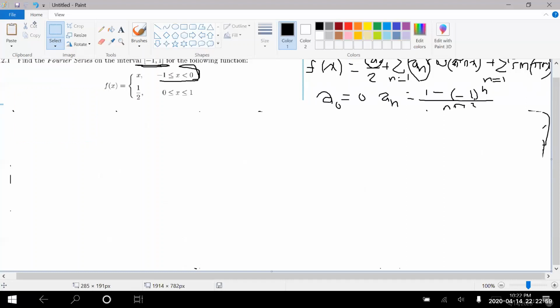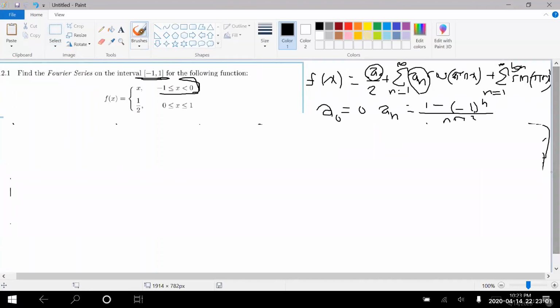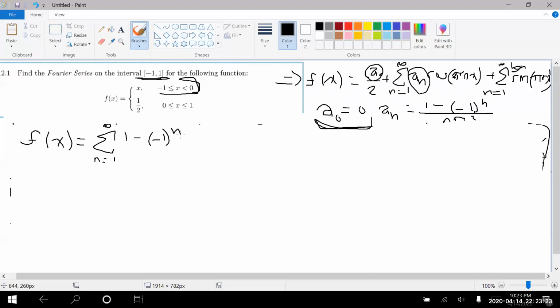Okay, so we know that our general format, which I wrote up here, looks like this. So we can now say that our f of x equals our a sub 0, which we decided is 0, so we don't really need to include it, plus the summation of n equals 1 going to infinity of our a sub n, which is 1 minus negative 1 to the n over n pi squared, and then times our cosine n pi x.